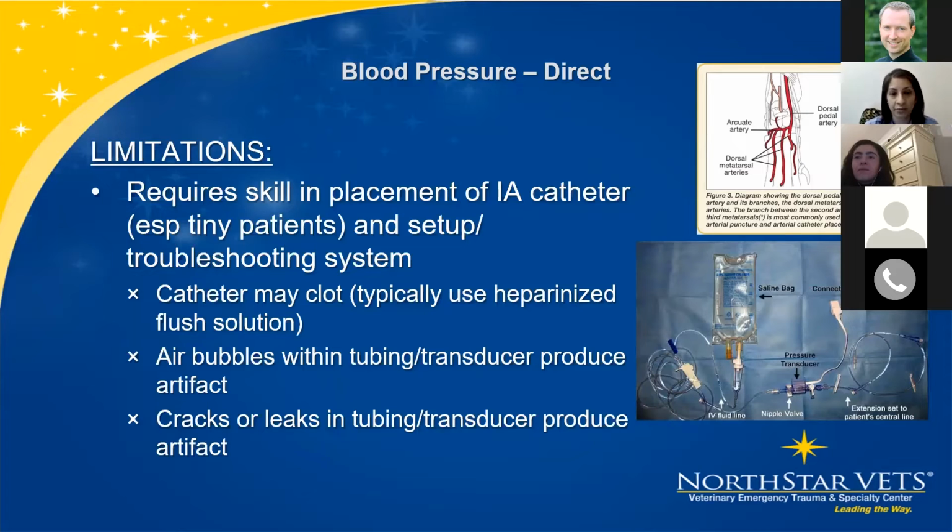Certainly that catheter may clot, air bubbles in the transducer and line may produce artifacts, and any cracks or leaks in the tubing could also produce some artifacts. So the main downside of this system is really only the labor and the overall practice you need in being able to troubleshoot the system accurately.